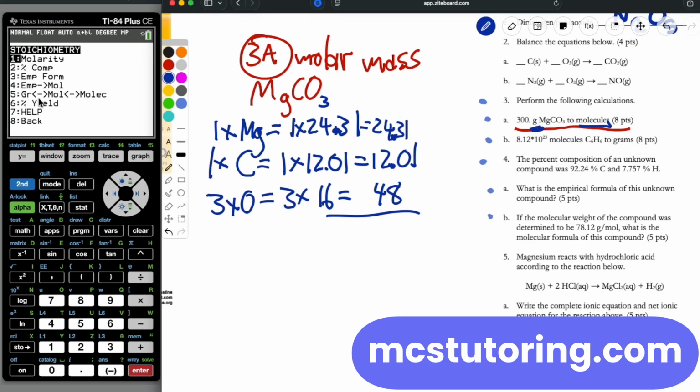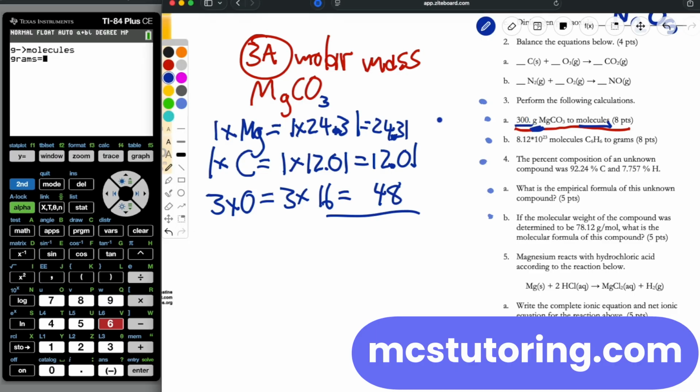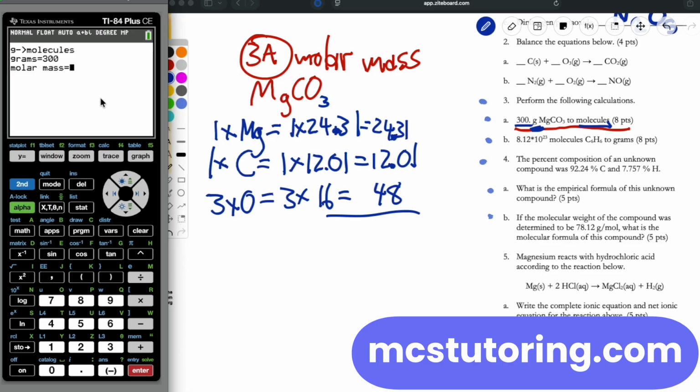So we go to grams, moles, molecules, which is option 5 for the stoichiometry menu. So we're going to choose option 5. We want to go straight grams to molecules if we can. So option 6. So look, the grams given is that 300. That's the given number, the 300 grams. So we're just going to type in 300, and it's really fine. The molar mass, that is the royal pain in the butt where you need to use, for now, a periodic table.